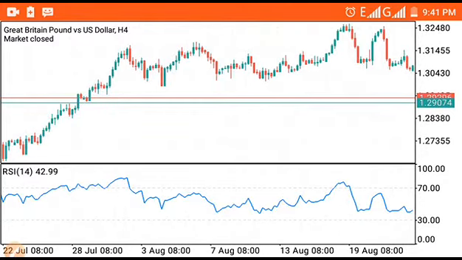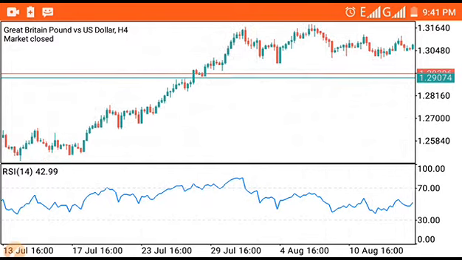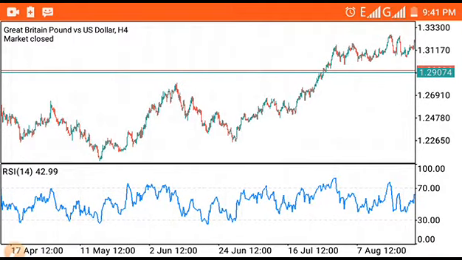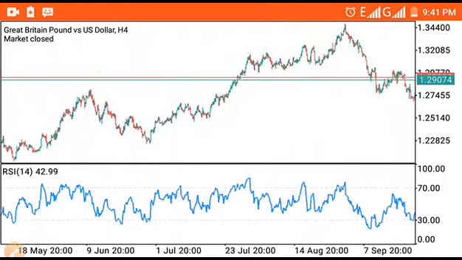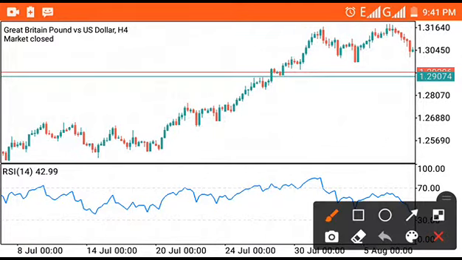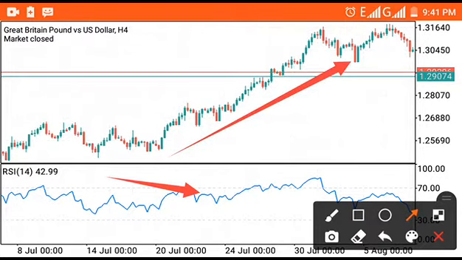the RSI itself does change, and sometimes, as I've said before, does not obey that law. The law that says if it touches overbought, it will go down. That law doesn't always respect it. Take a look at this. Touched.